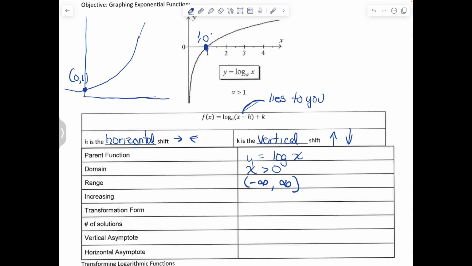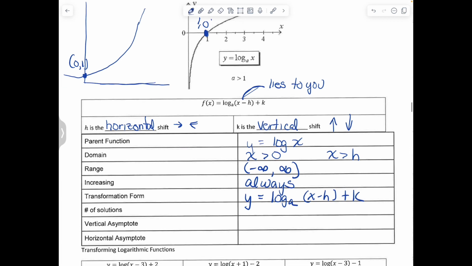And if it's transformed, it would be x is greater than h. It's always increasing. The transformation form we've already talked about is y equals log base a of x minus h, plus k.